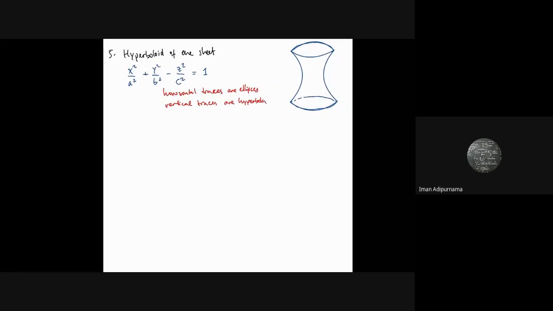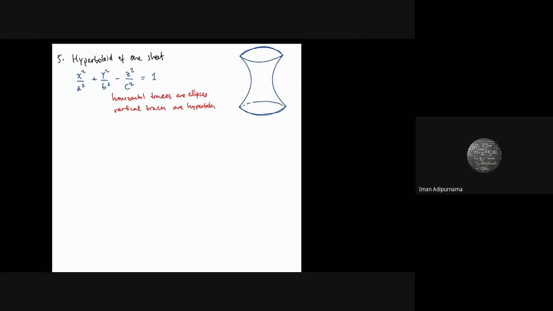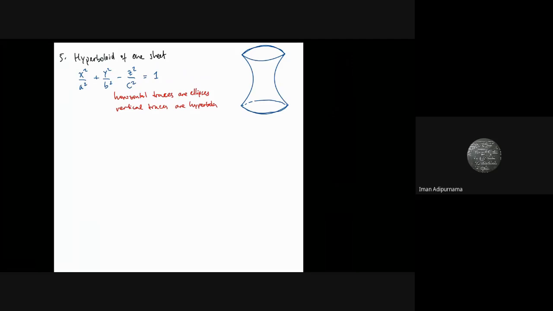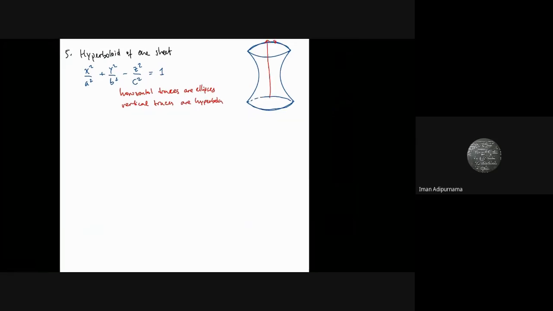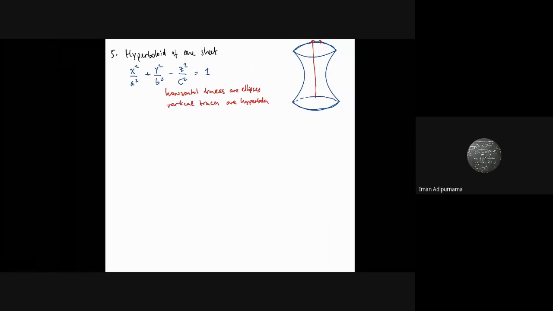So you will see that in this part, this is the negative, right? The z is negative, and you will see that here, z is our axis. This is axis z. So the one that has the negative will be the axis of the hyperboloid of one sheet.